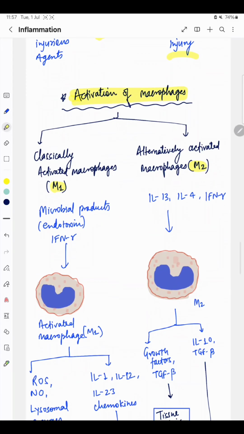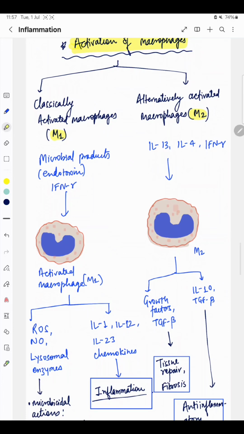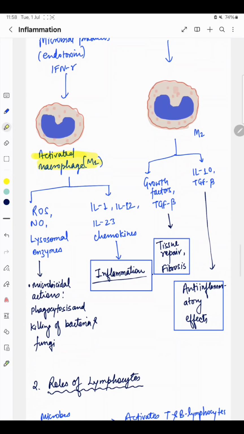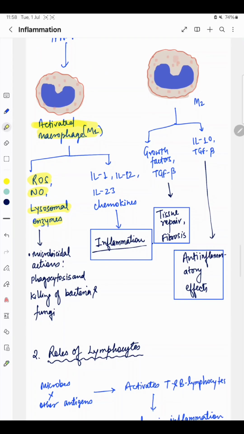Microbial products like endotoxin, or interferon gamma secreted by lymphocytes, will result in the activation of classically activated macrophages, M1. These classically activated macrophages produce reactive oxygen species, nitric oxide, and lysosomal enzymes, and are responsible for the microbicidal actions: phagocytosis and killing of bacteria and fungi.